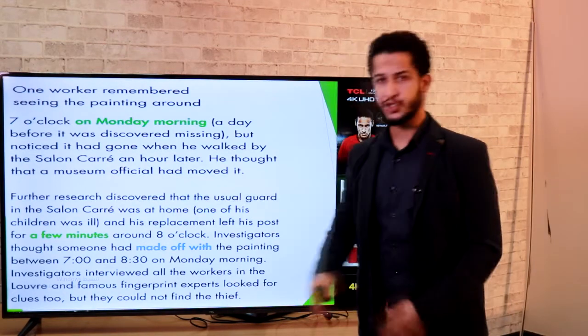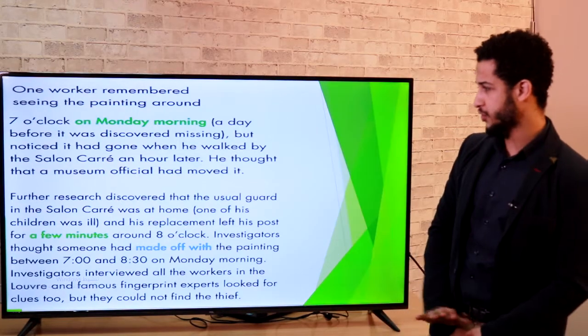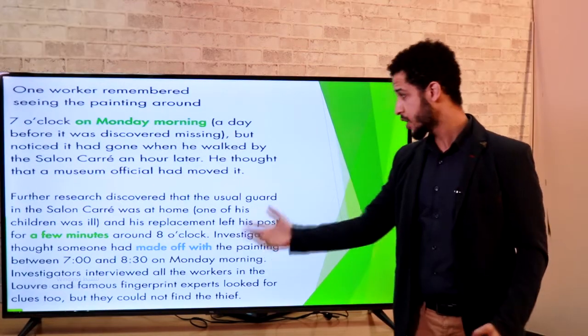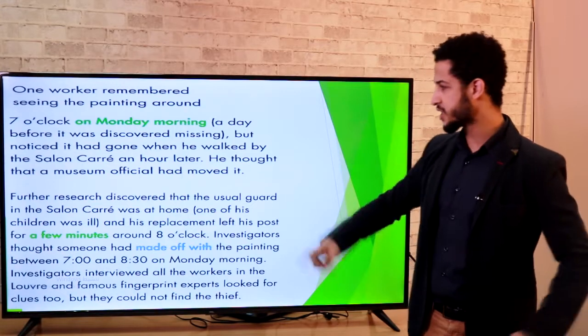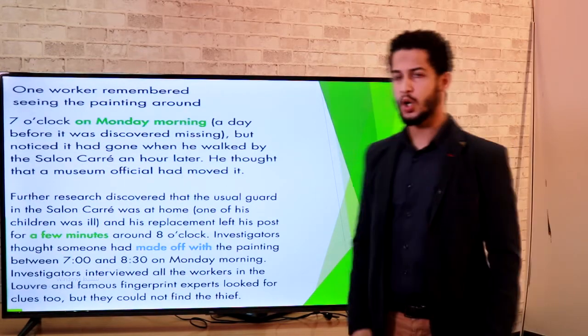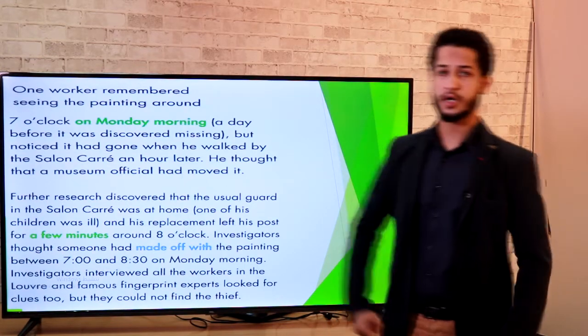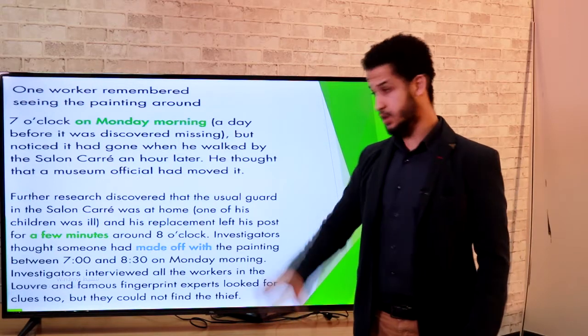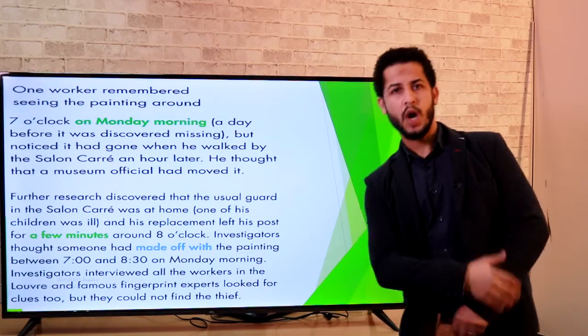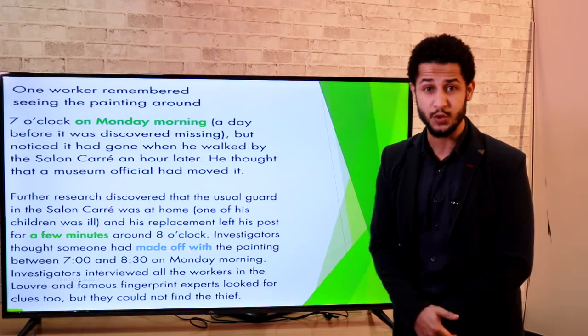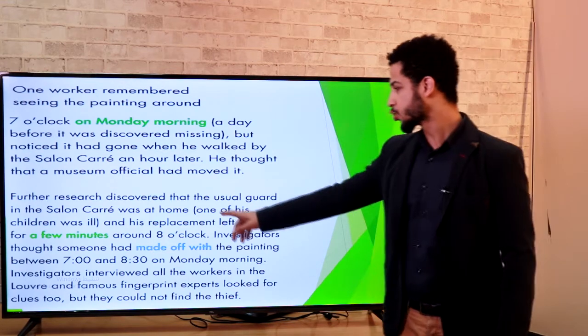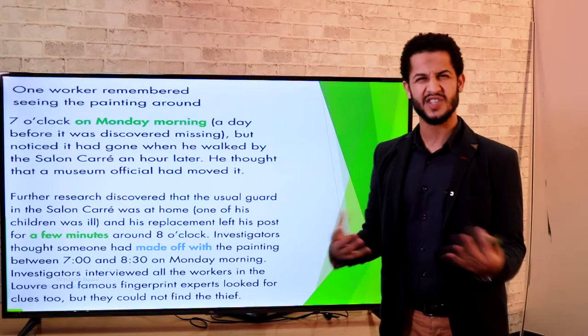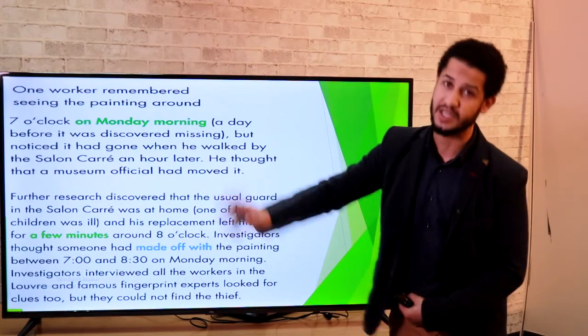Further research discovered that the usual guard in the Salon Carré was at home. The guard who used to be in this salon left work because one of his children was sick, so he had to leave.